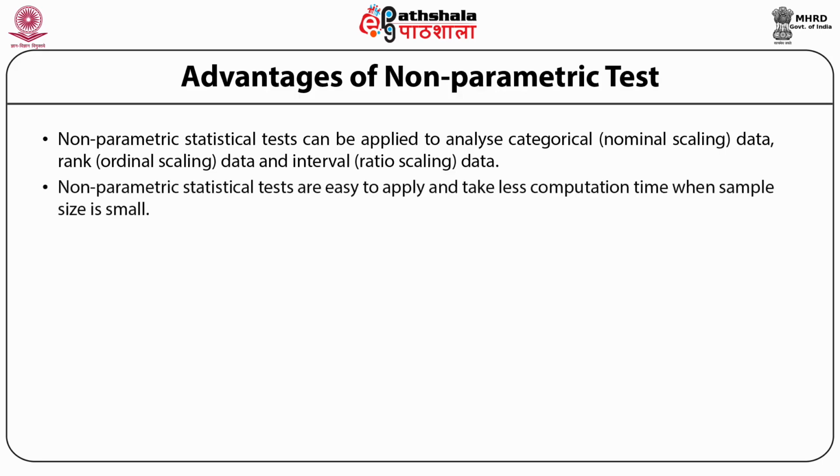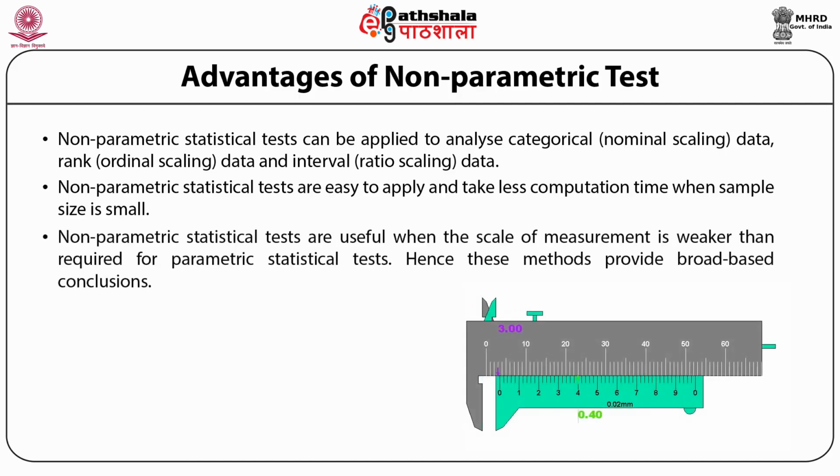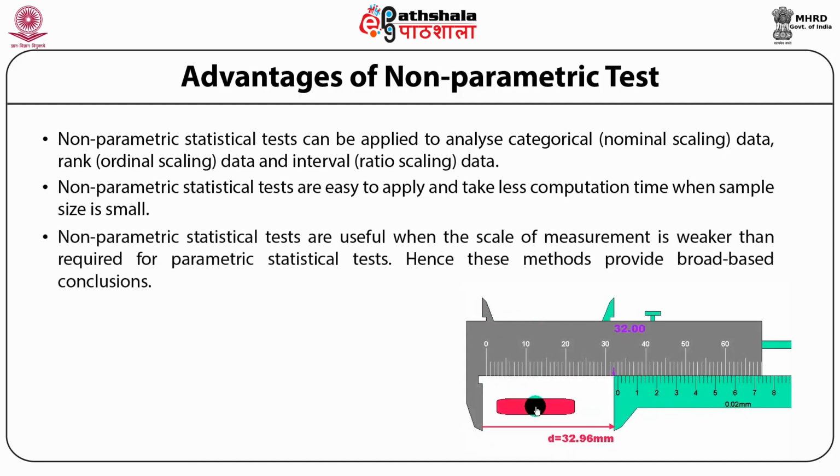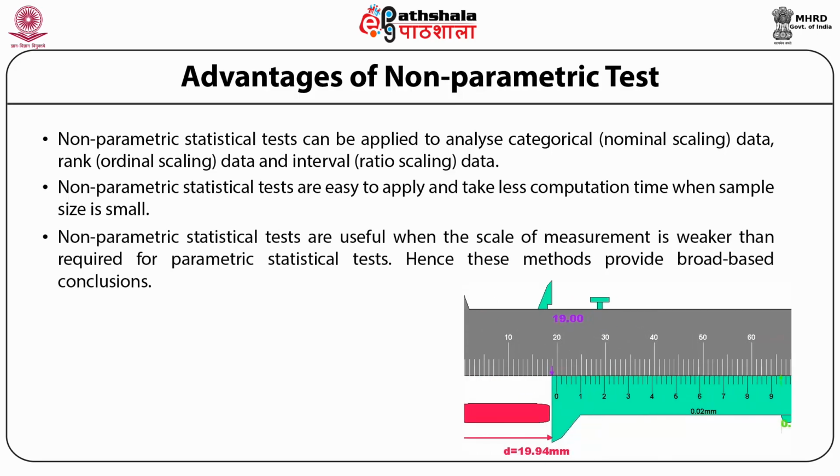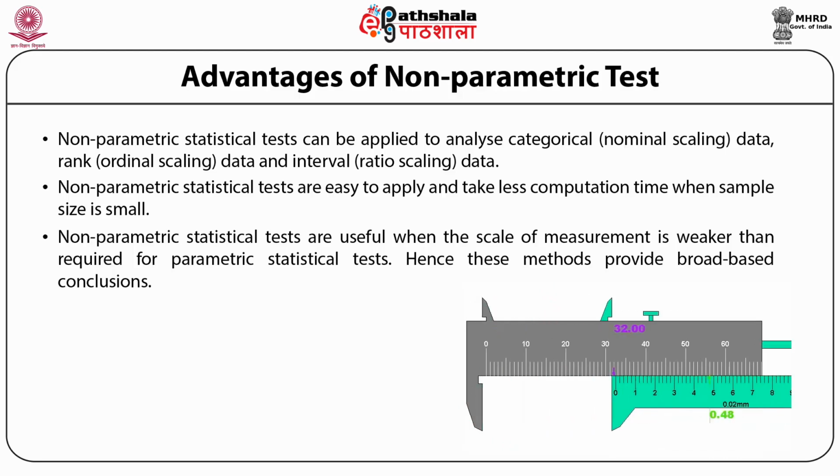Non-parametric statistical tests are easy to apply and take less computation time when the sample size is small. They are also useful when the scale of measurement is weaker than required for the parametric statistical test. Hence, these methods provide broad-based conclusions.